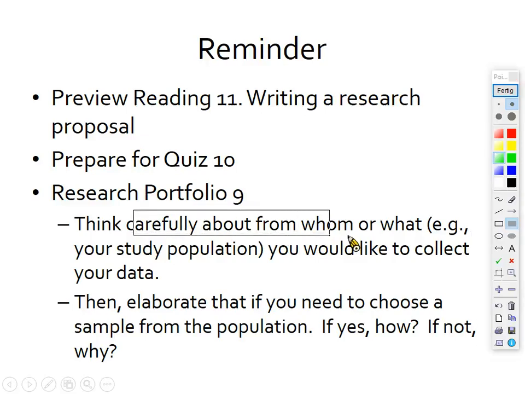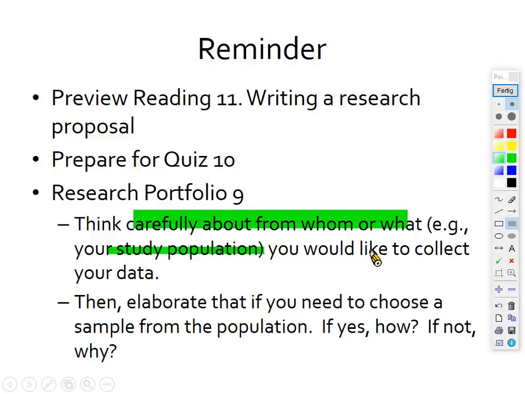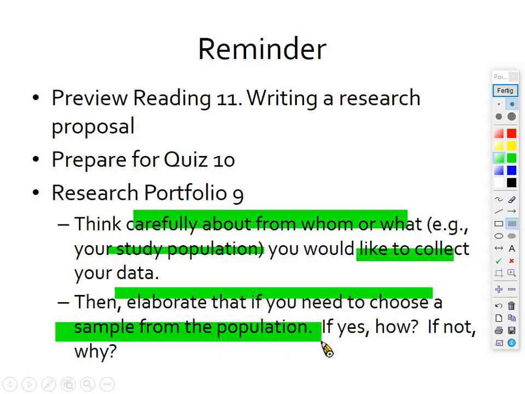Think carefully about from whom or what, which means your study population, you would like to collect your data. Study issue, study population. Study population are the targets for you to collect data to answer your study issues. Okay, very simple. So you have to think about study population. They are not necessarily human beings; documents, maybe. Some sources of the data archive, maybe, right? You have to identify. Then elaborate whether you need to choose a sample from the population.